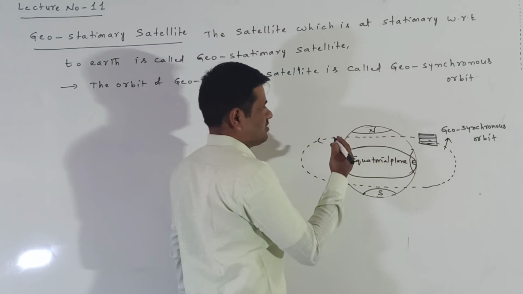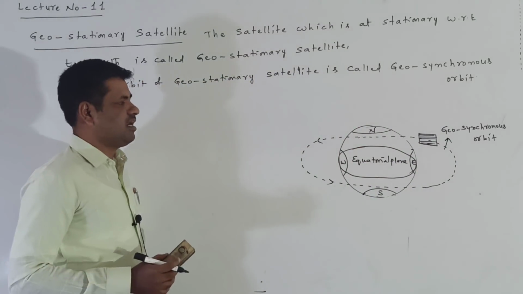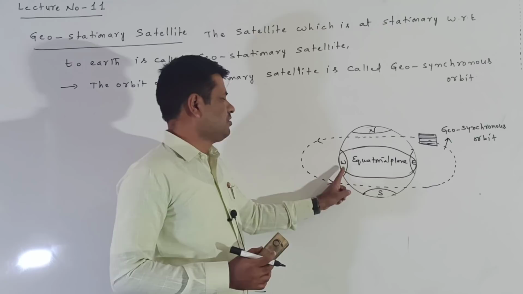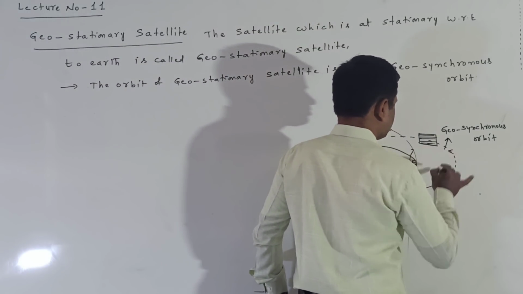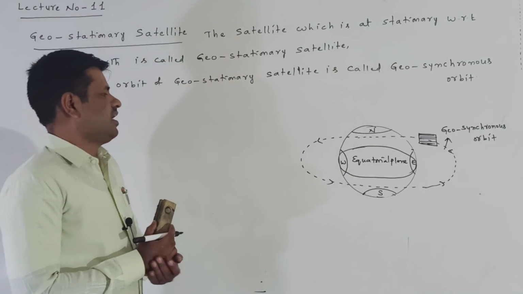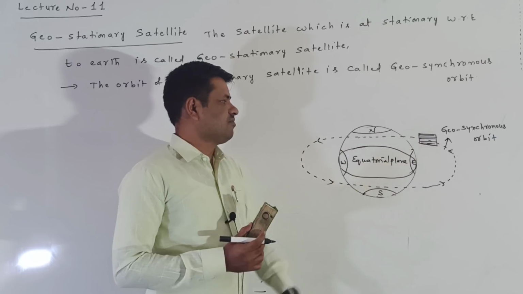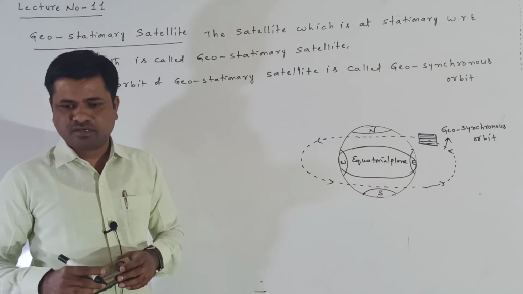It revolves from west to east. Listen here: the geostationary satellite revolves from west to east in one particular orbit, and that orbit is called the geosynchronous orbit.